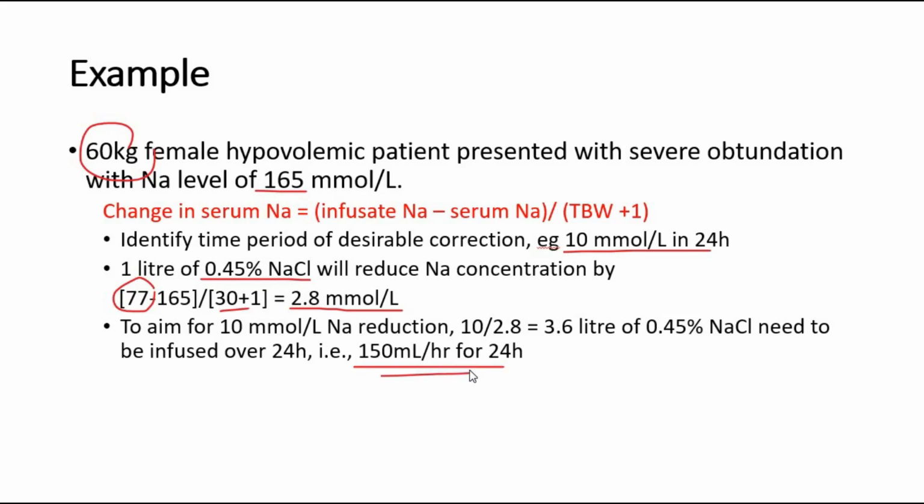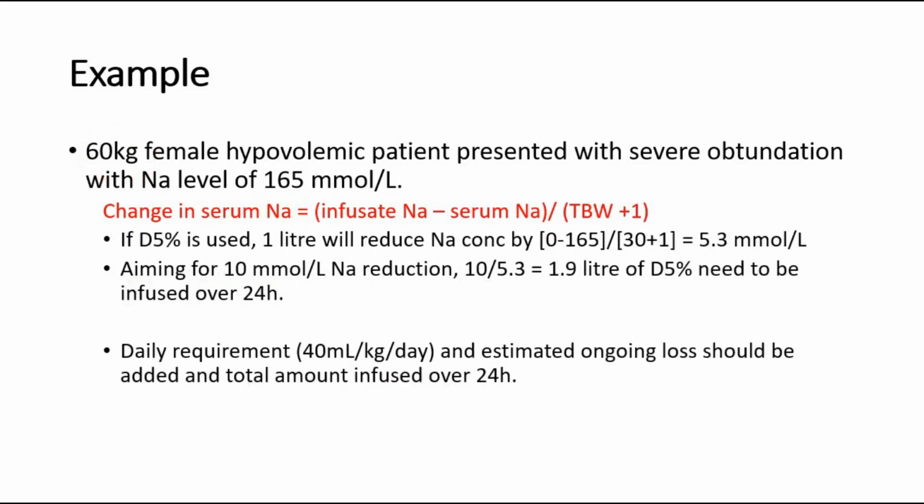On the other hand, if we are to give dextrose 5%, using this same formula, but dextrose 5% provides 0 millimole per liter of sodium, so 0 minus 165, divided by 30 plus 1, we get 5.3 millimole per liter. Aiming for 10 millimole per liter sodium reduction, 10 divided by 5.3 will equal 1.9 liter of dextrose 5%. So it needs to be infused over 24 hours as well. Also, remember to add the daily requirement and estimated ongoing loss into the total amount to be infused over 24 hours.